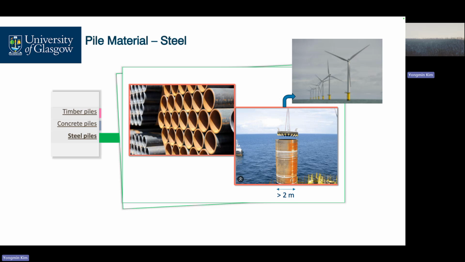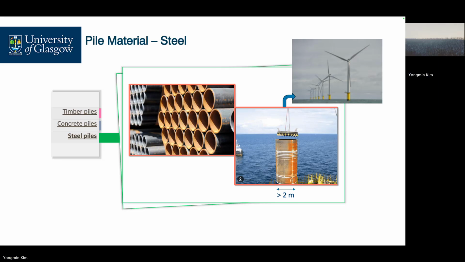Why did researchers come up with reinforced concrete? Yeah, concrete is very weak in tension. The rebar resists tension. But steel is very strong in compression and tension.